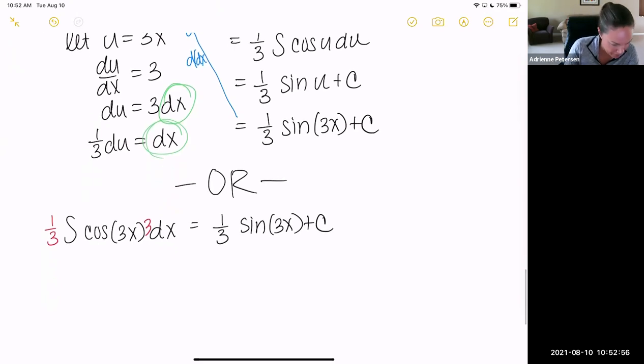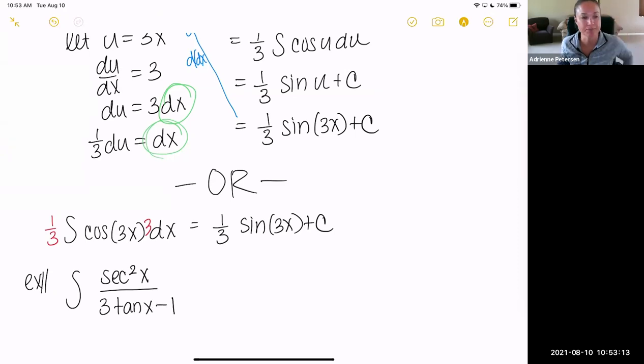Okay, let's do some more. How about, this one's a little bit tougher. The integral of secant squared of x over 3 tangent of x minus 1. Okay, so think about this one for a second.